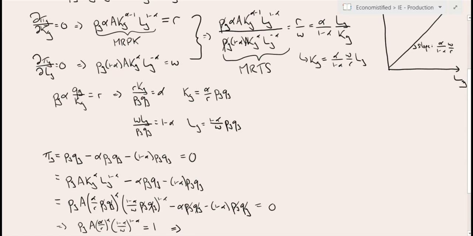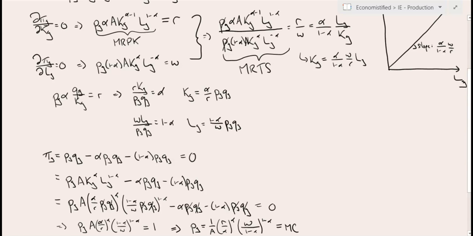And if I just rearrange again, I get that the price is equal to 1 over A times R over alpha to the power of alpha times W over 1 minus alpha to the power of 1 minus alpha. And this, of course, is equal to marginal cost.